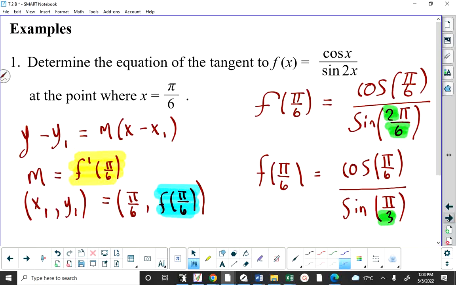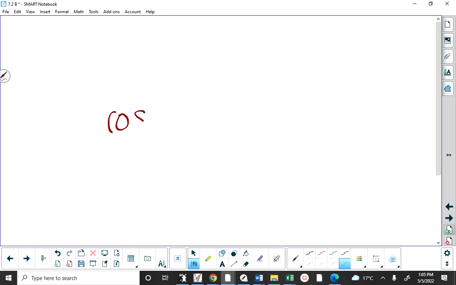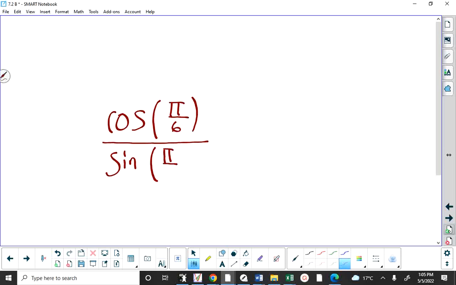So let me rewrite this someplace. I don't think most of us need to rewrite it, but I don't want to lose anybody here. So we have the y coordinate equals cosine of pi over 6 over sine of pi over 3. This is the y coordinate.